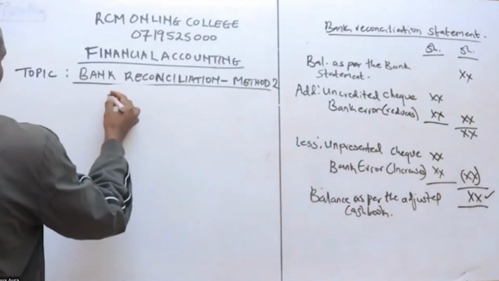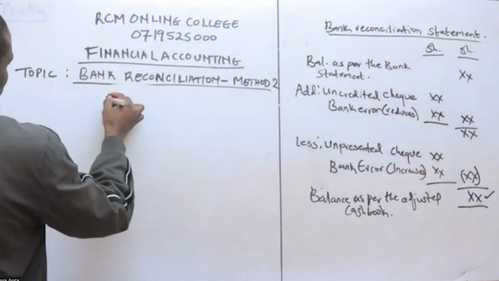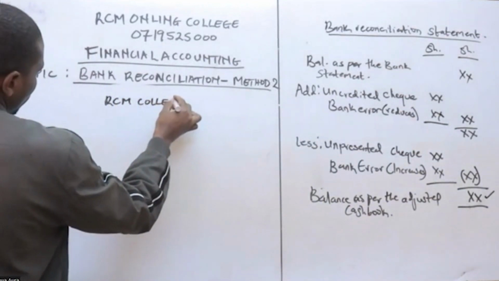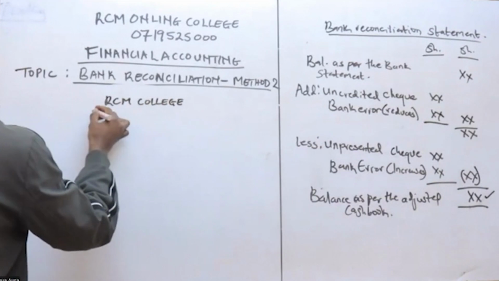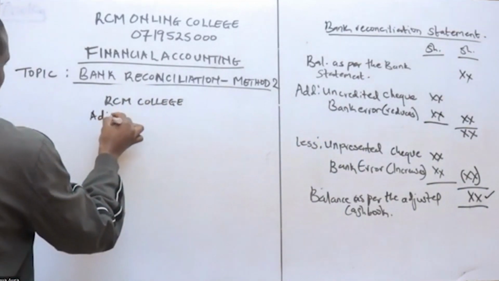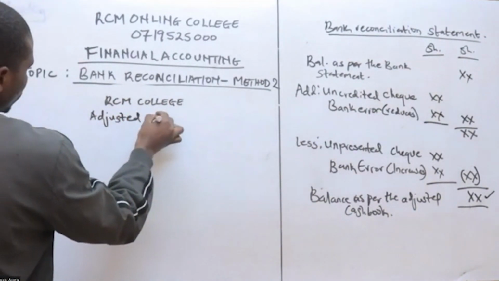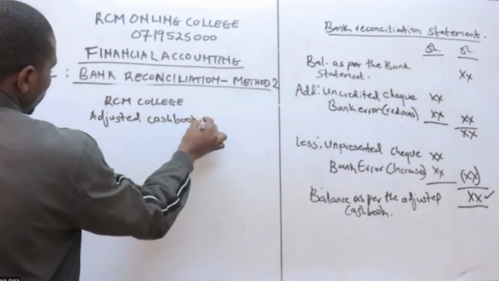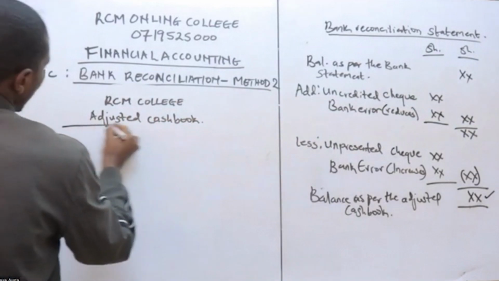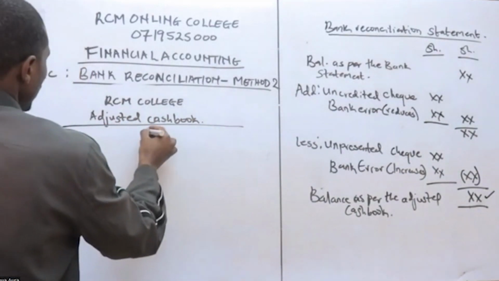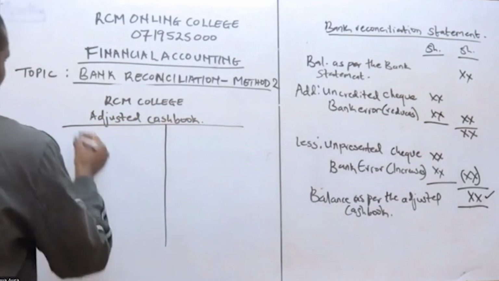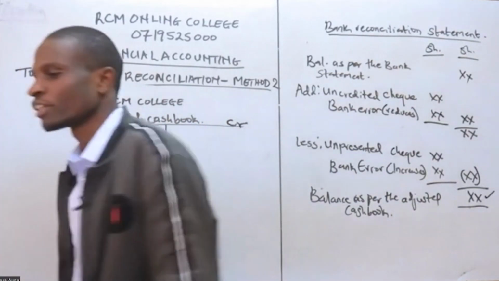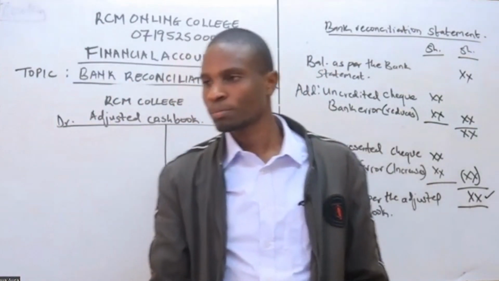So this is CM College, adjusted cashbook. Let's see how we come up with this. So this is the debit, and this side is the credit side.